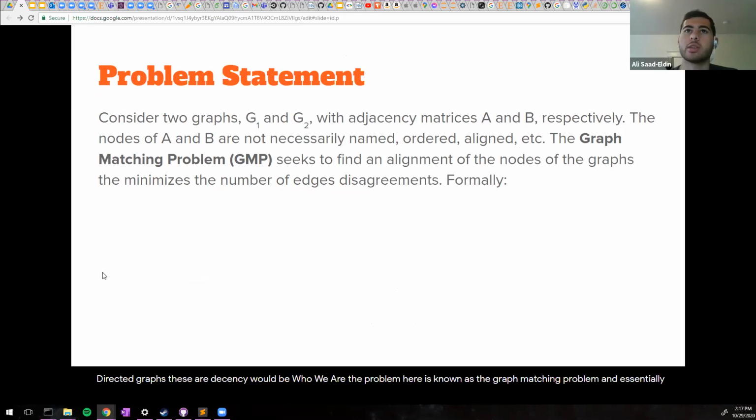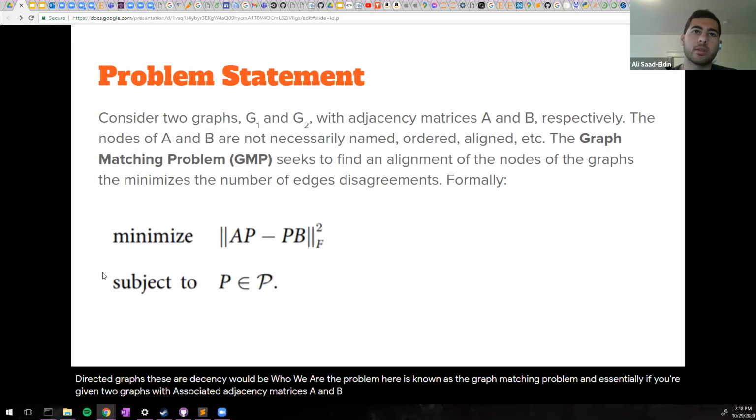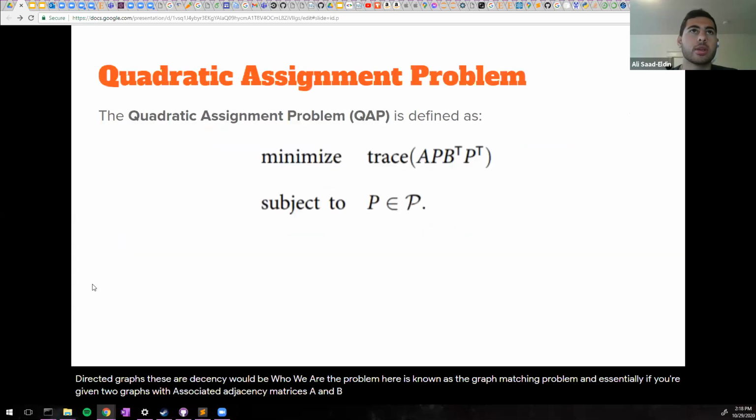Essentially, if you're given two graphs with associated adjacency matrices A and B, we want to find an alignment between those two graphs such that we minimize the number of edge disagreements. Formally, as an optimization problem, this is represented as this objective function subject to these constraints. And this problem is equivalent to the objective function on the right, just through some algebra.